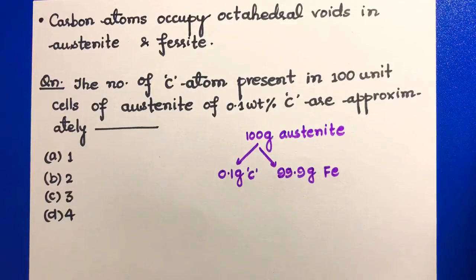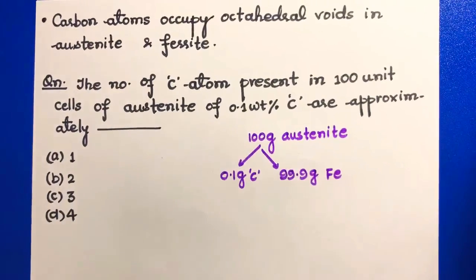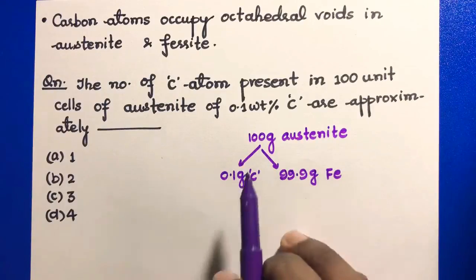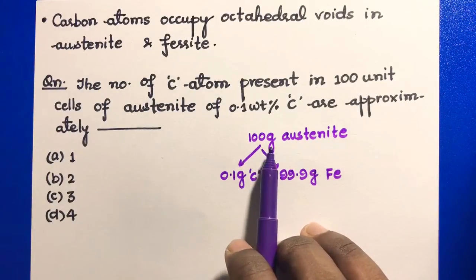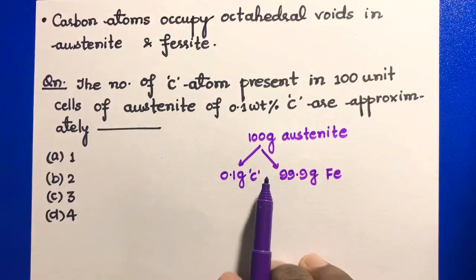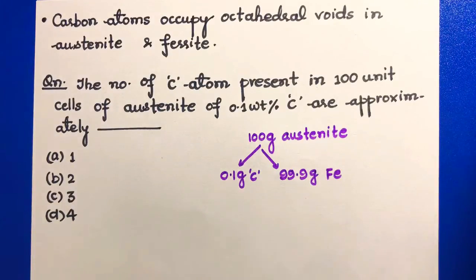So this is basically the meaning of percentage weight by weight, that is out of 100 gram of austenite, 0.1 gram will be the carbon and 99.9 gram will be Fe.